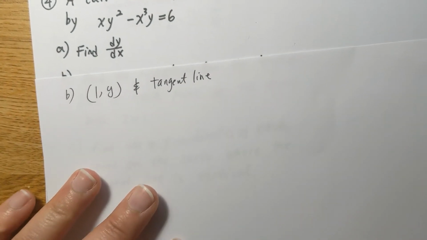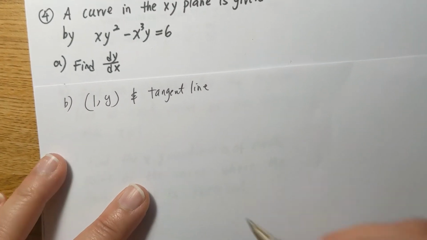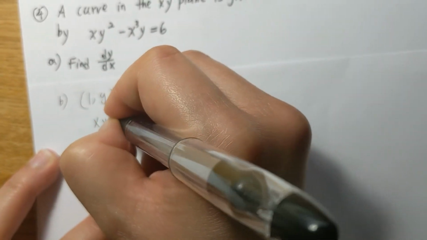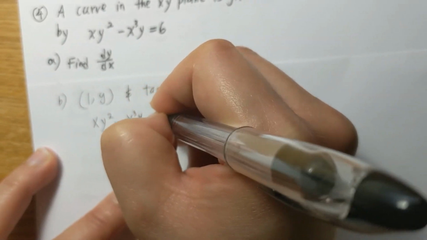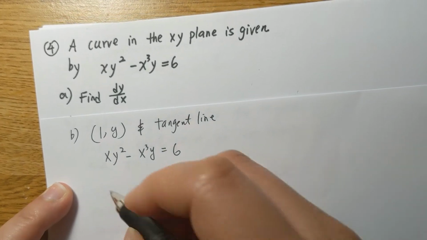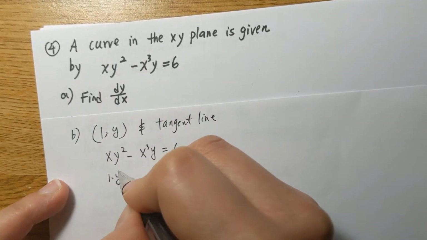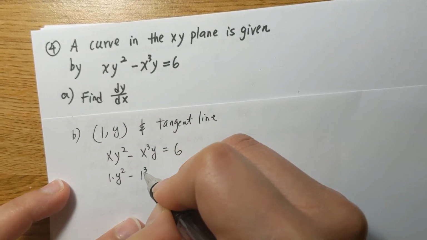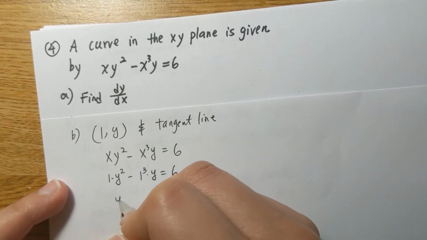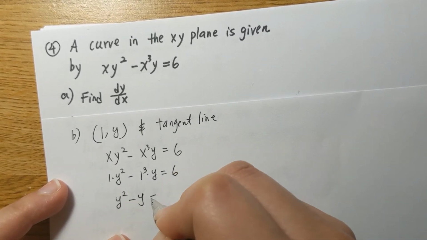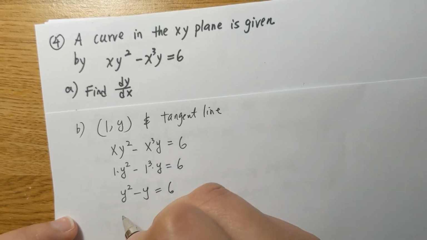To find the y value, we have to go back to the original equation: xy squared minus x cubed y equals 6. And then we solve for y.